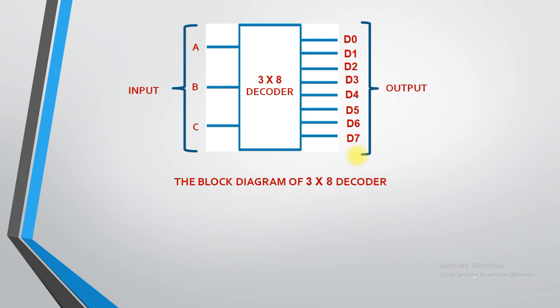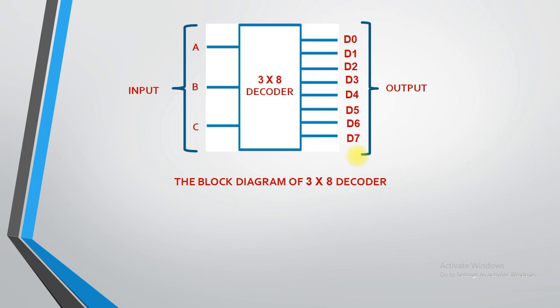That means 000, 001, 010, 011, 100, 101, 110, 111. So these 8 are the possible combinations for 3 input variables.